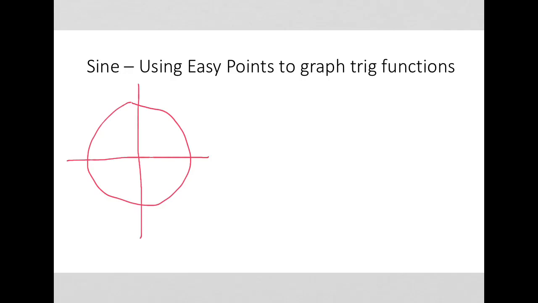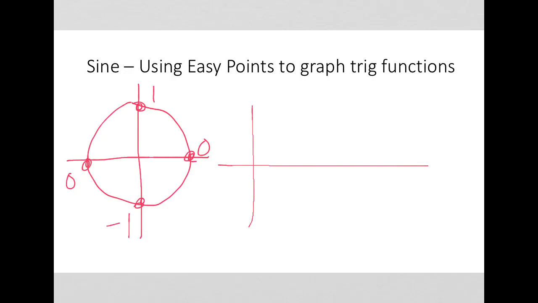And when I say easy, I mean super easy, like these points right there. So what are the sine values of these points? Well, sine is y, so the sine value here is 0, here it's 1, here it's 0 again, and here it's -1. So let's translate that to a graph.